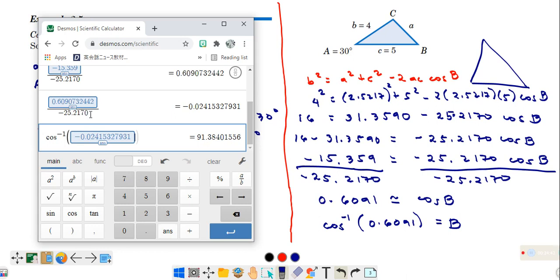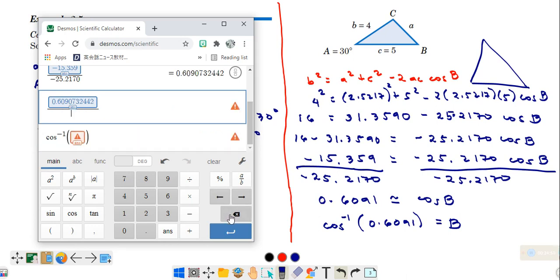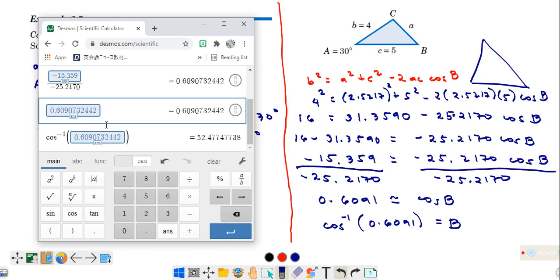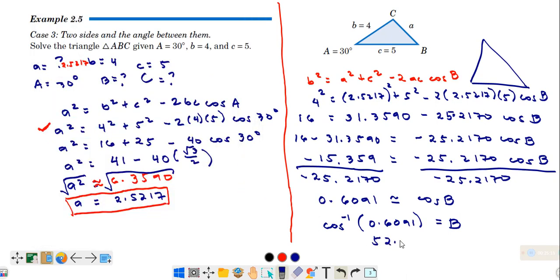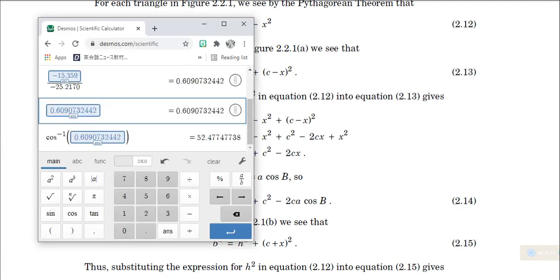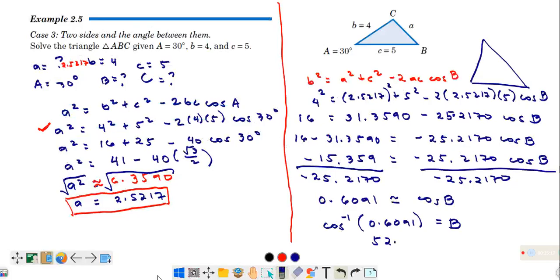Ayan. Arc cosine of 0.609073 is about 52.4775, which is equal to angle B. So, yan. Meron na tayong angle B.